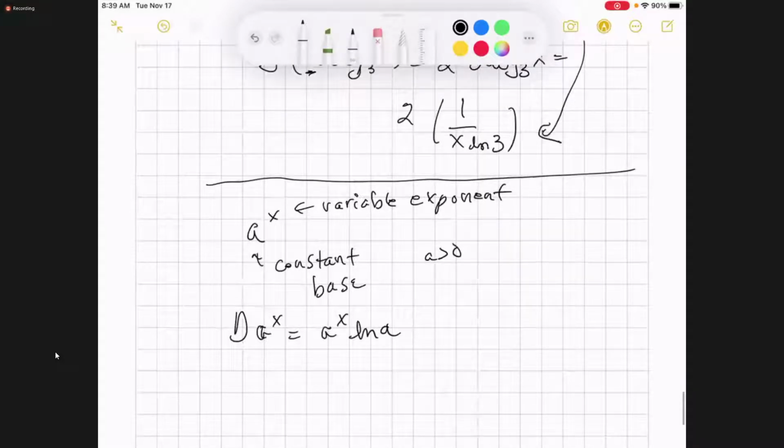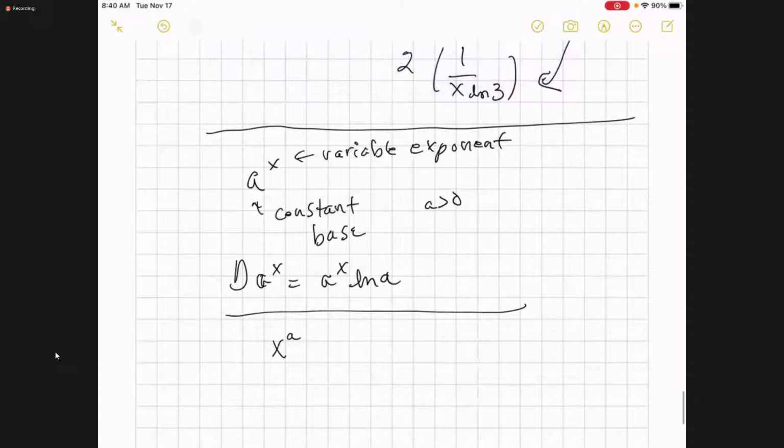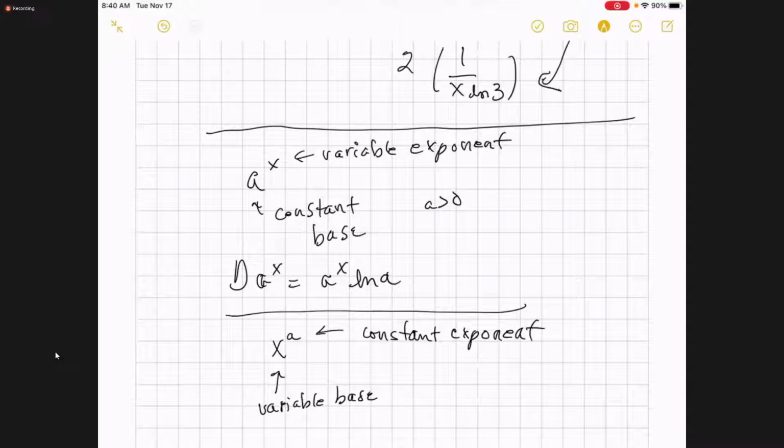And if you switch it up and have x to the a, a variable base and a constant exponent, then the derivative is a x to the a minus 1.